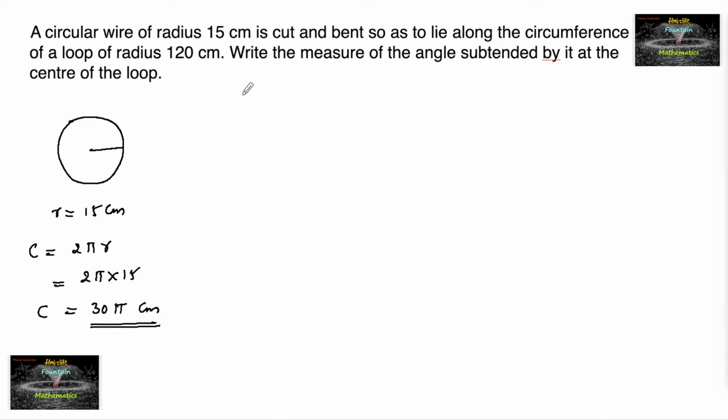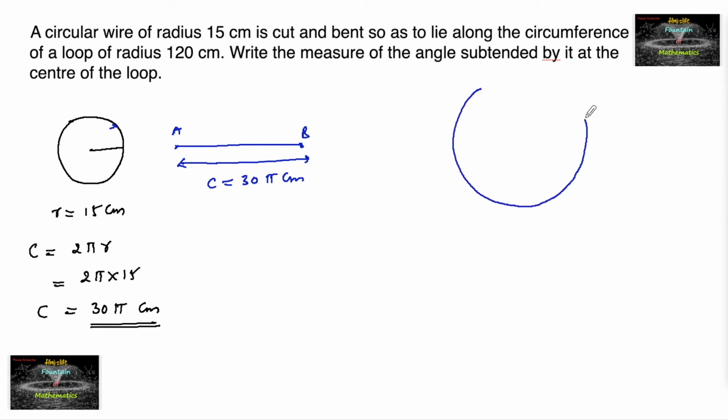And this circular wire is cut and bent so as to lie along the circumference. If this circular wire is cut, you will get the length of wire. The length of wire is nothing but the circumference, that is 30 pi. And this wire, let us take AB, is taken along the circumference of a loop of radius 120 cm.